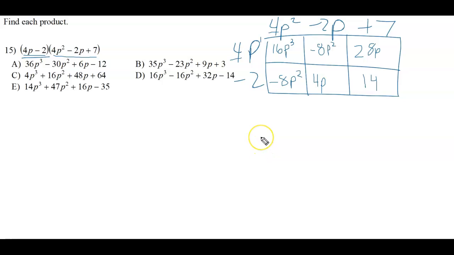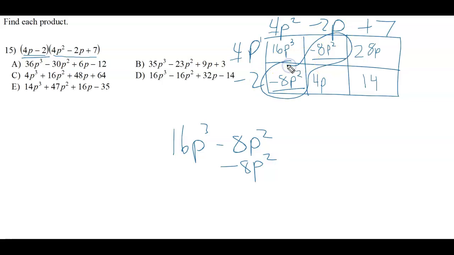And then once again, we just take out our numbers, putting them in order. So 16p cubed would come first because that's the biggest power. Then we have the squares, minus 8p squared. And we have another 8p squared there. You'll notice a lot of times that the ones that go together are diagonal from each other. The next ones that we have are the p's, so 28p and 4p go together, those two.